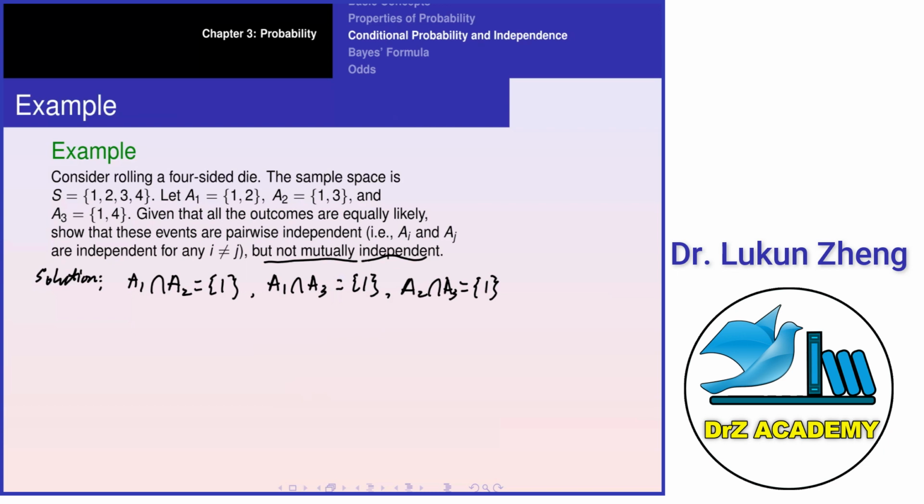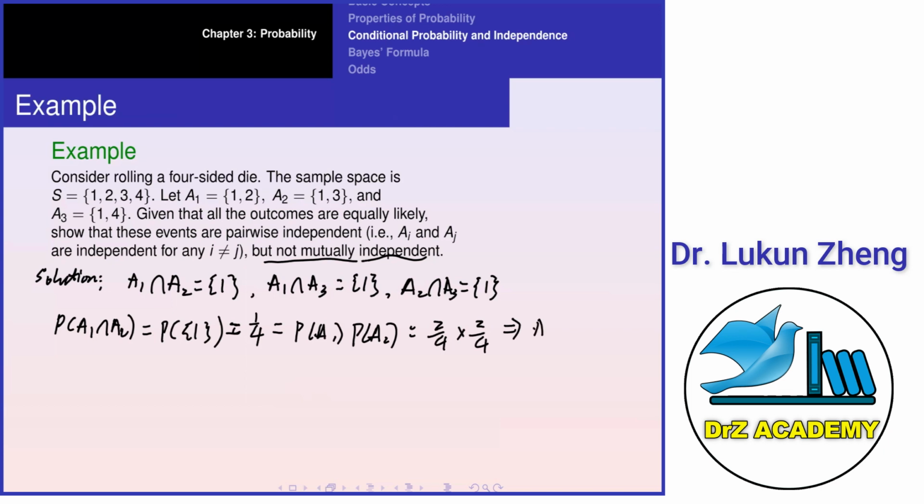So P of A1 intersect A2 equals P of {1}, which is 1/4. Now this 1/4 does equal P of A1 times P of A2, because A1 is 2 out of 4 and A2 is 2 out of 4, so 1/2 times 1/2 is 1/4. So this means A1 and A2 are independent.